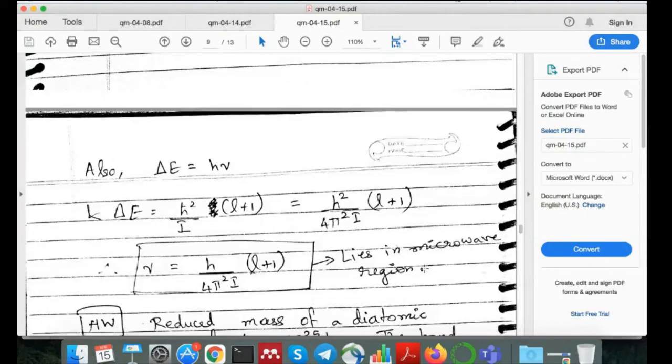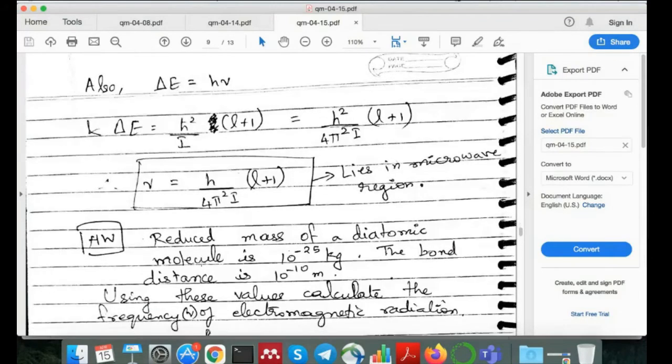I've given you a small problem. You just have to substitute all of these things in the formula for frequency and get the actual frequency value. Remember that the energy transitions for a rigid rotor always lie in the microwave region. From this, we go to microwave spectroscopy, which you will learn in the next semester.